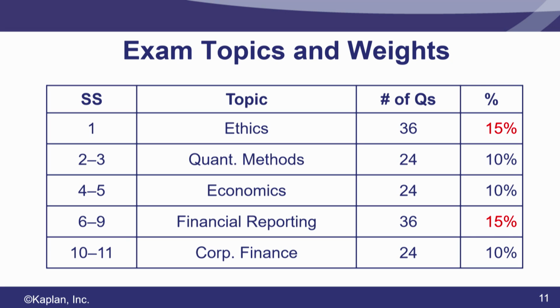You can see I've put in red here the 2 largest topic weights: accounting, financial reporting, and ethics. So that's almost 1/3 of an exam right there. Quantitative methods, econ, corp fin, they're all 10% of the exam. Expect about 24 questions from each of those topic areas.